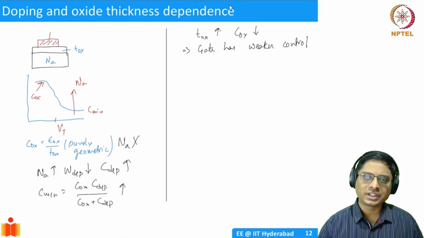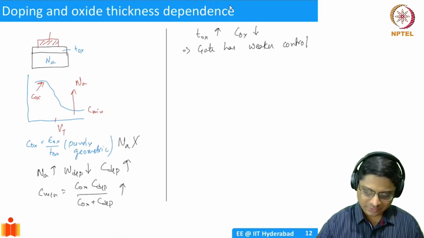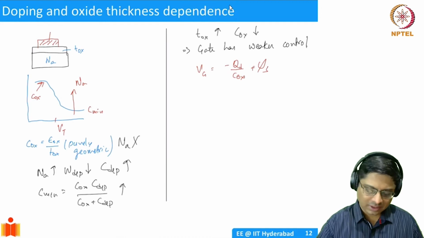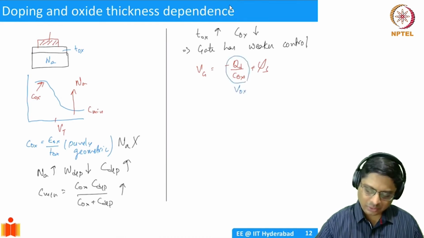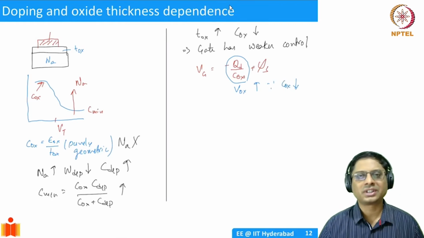So how does the gate voltage fall across the oxide and semiconductor? VG we have seen is basically minus QD by COX plus surface potential, and this first term is essentially V oxide. COX decreases, so V oxide increases.